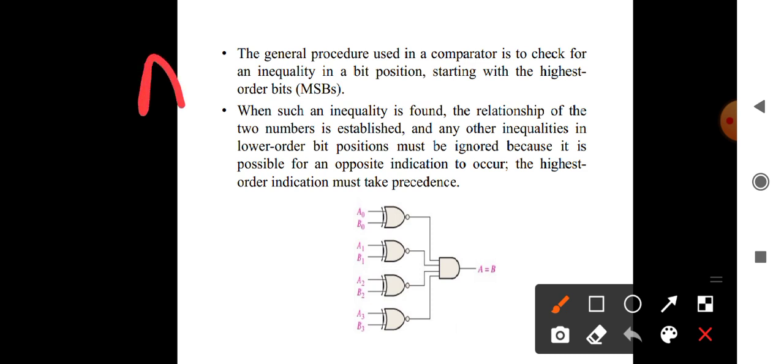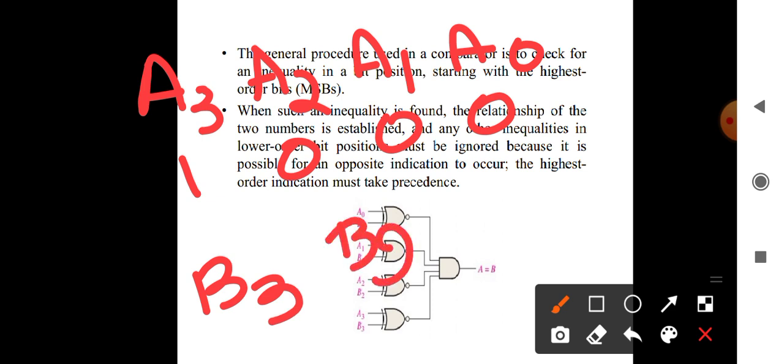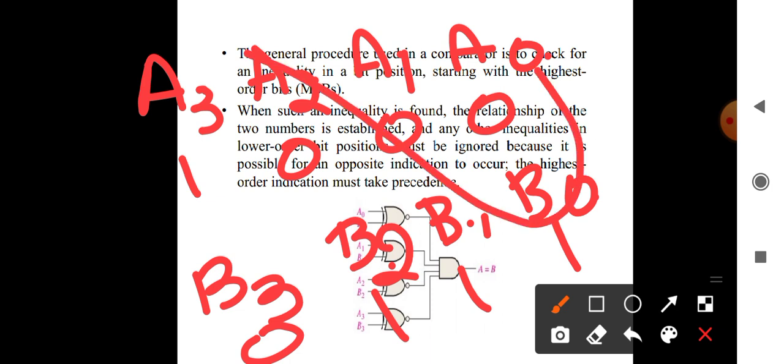if a3 a2 a1 a0 is 1 0 0 0, and b3 b2 b1 b0 is 0 1 1 1, then even though b2 is greater than a2, b1 is greater than a1, and b0 is greater than a0, these are all ignored.